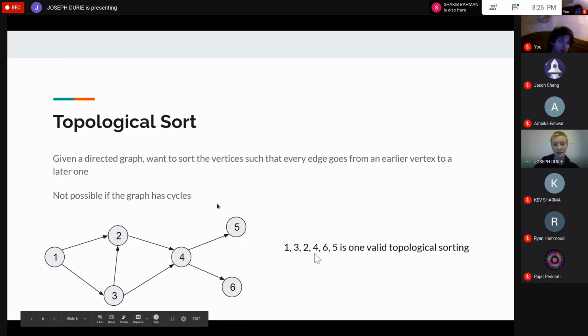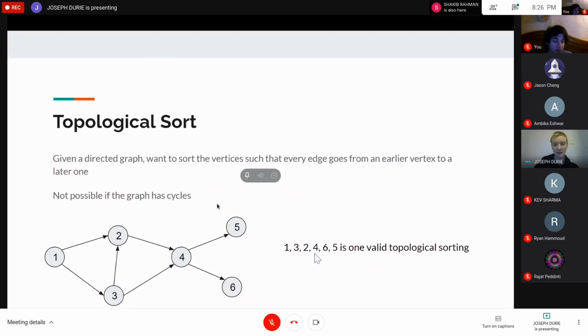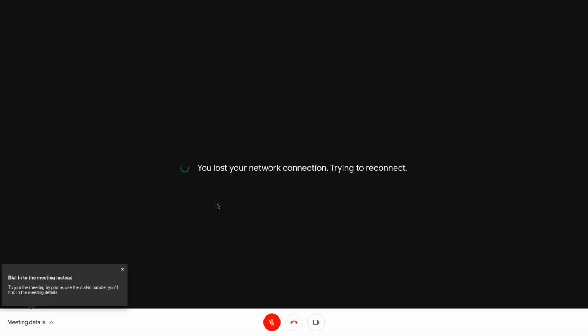So in this example, we're given this graph and we want to produce one of these orderings.